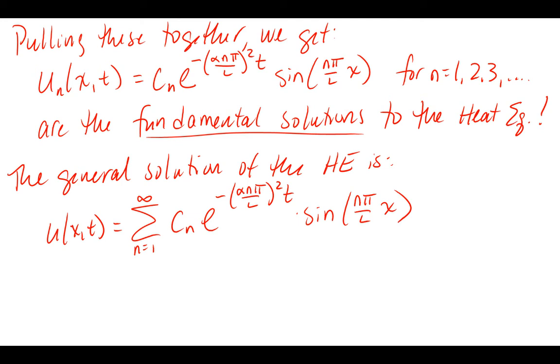The general solution says, take any combination of these u_n's, and they will all be solutions. So taking 6 of one and 5 of the other and -6 of the next one, whatever numbers you fill in for c_n will give you the particular one that you wanted for your specific problem.